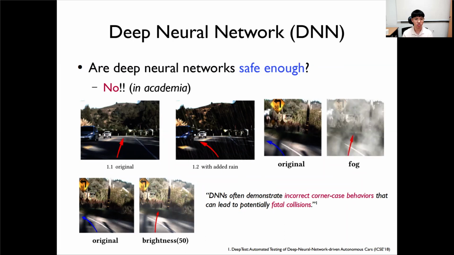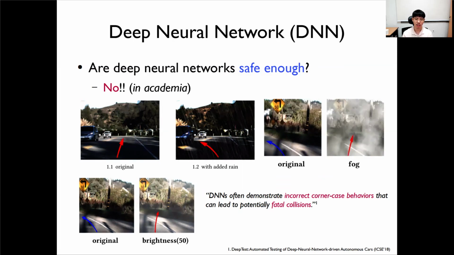Let's look at these pictures. As you can see, the DNN is correctly guiding the driving direction for the original image on the left. However, DeepTest reported that for the mutated image on the right, such as changing the weather to a rainy day or cloudy or even sunny day, DNNs are suddenly guiding driving in really dangerous directions.